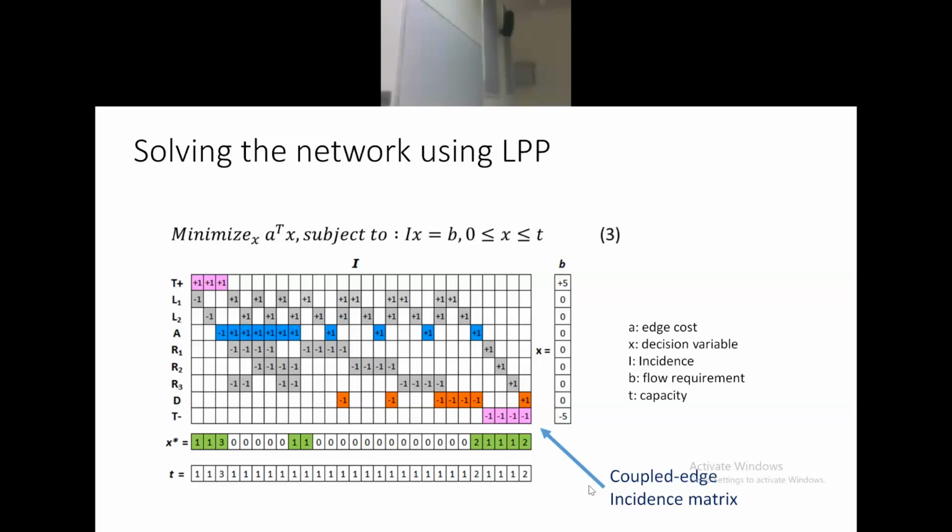This is the disappearance node. This is the sink node. And these plus 1, minus 1, plus 1, minus 1 are essentially the connections between node L1 and node I, or node A and node B. This is how the connections are there, but more than one connection is allowed in this incidence matrix. Therefore, these are called coupled edge incidence matrices.